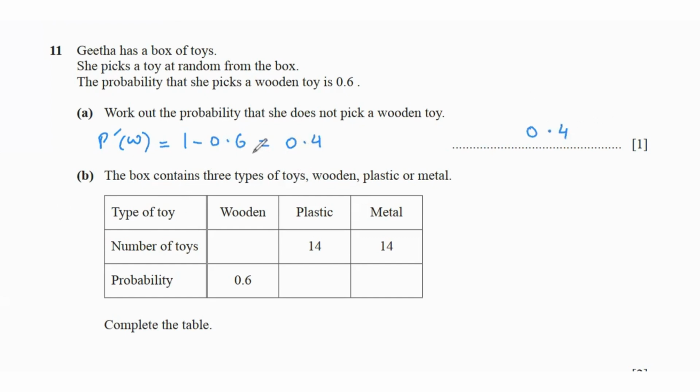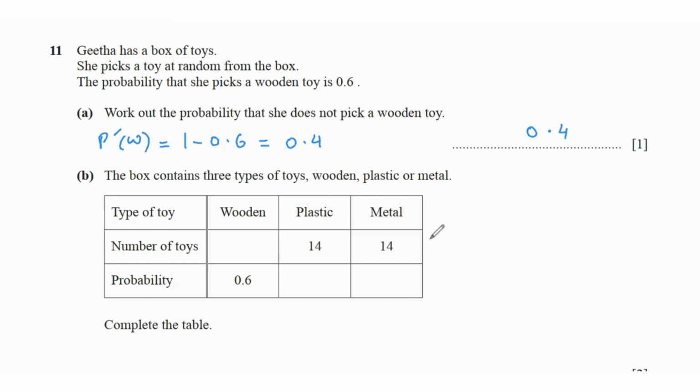The reason we're subtracting from 1 is that the probability of the entire thing happening is 1. In this entire thing, either she can pick a wooden toy or a non-wooden toy. So if we know the probability of her picking the wooden toy, we can easily find the probability of her not picking it by subtracting from 1.